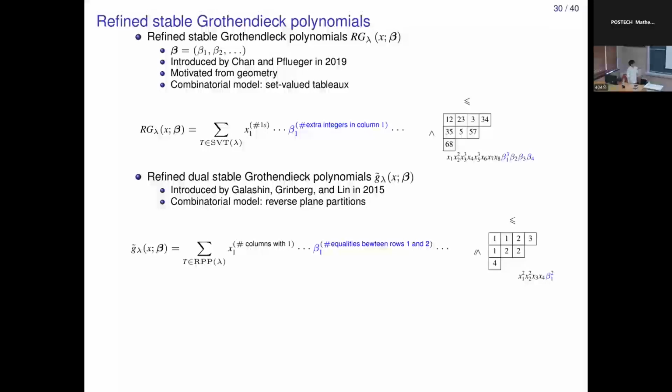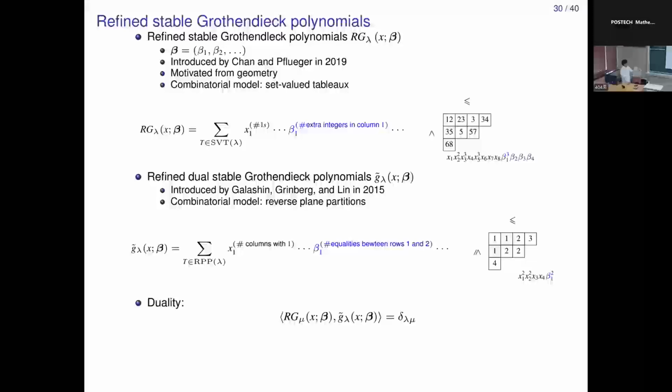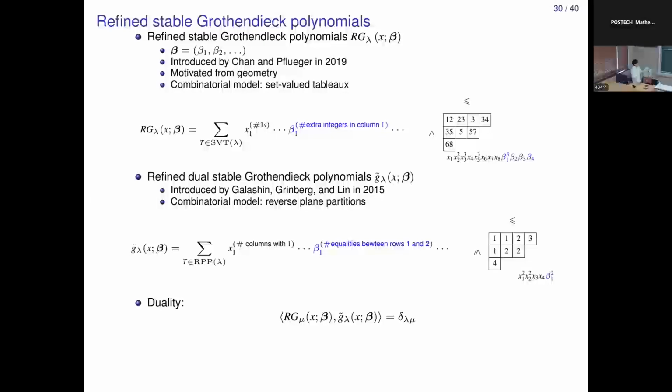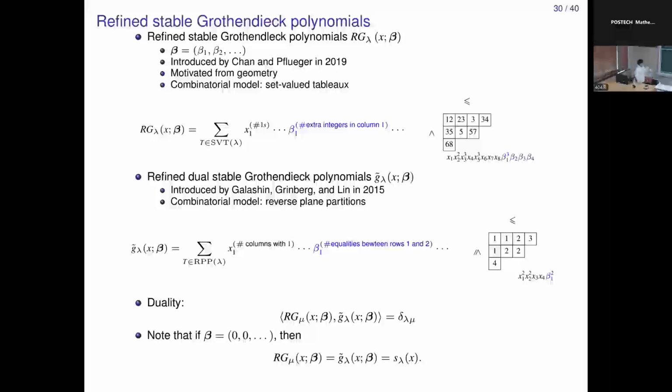But anyway, the interesting thing here is that these 2 objects have been introduced by 2 groups of people in completely different ways, but they are dual to each other, which is, I think, quite interesting. And you see that these are generalizations of Schur functions, because suppose that all the betas are 0.